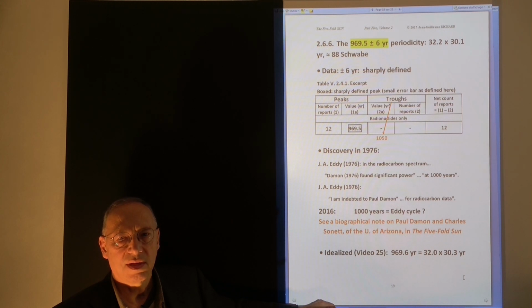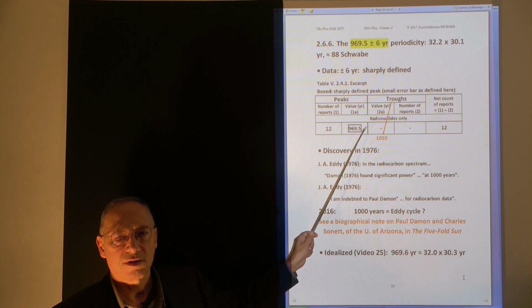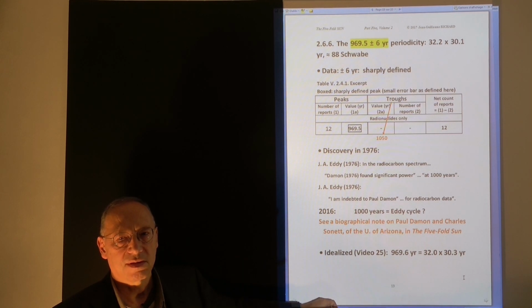in the data as a spectral peak, and certainly below 1,000 years because, again, we have this trough at 1,050 years, which is detected in 4 reports. Paul Damon found this periodicity in 1976 as reported by John Eddy in the same year. Paul Damon found this significant power in the radiocarbon data.